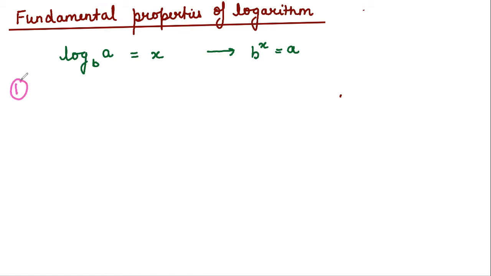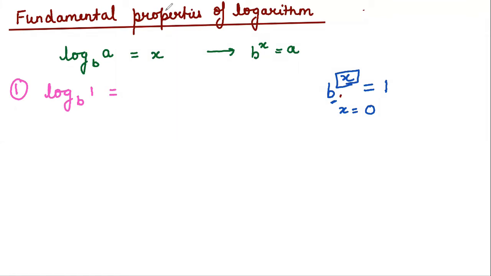First, if I ask you what log 1 to the base b will be equal to? If you work this out using exponents, it should be b to the power x equals 1, if you consider this as x. So what should be the power of b so that it gives you 1? It should be equal to 0. The base can be anything.